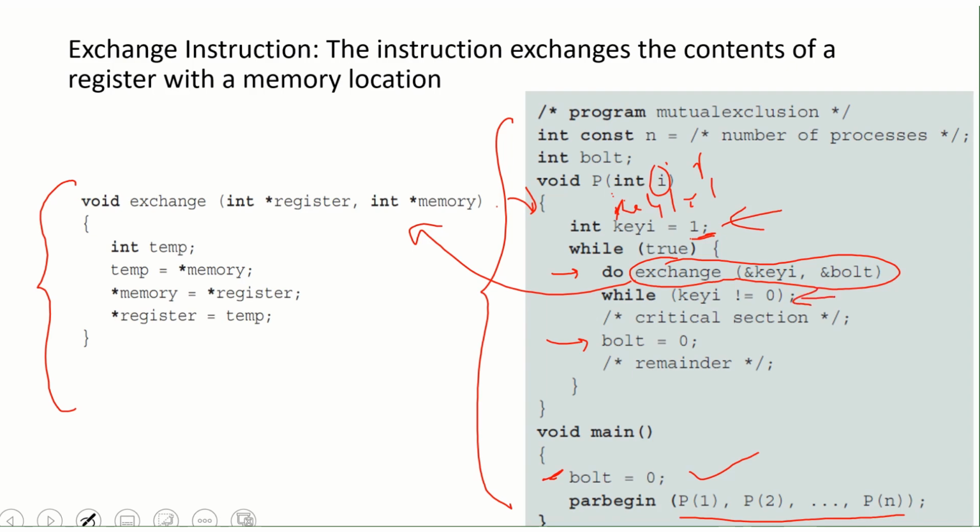While key 1 is not equal to 0. Is it true or false? It is false. So the process can enter the critical section. After executing the critical section, the process will set bolt equal to 0 so that the next process can enter the critical section, then execute the remainder part and then come out of the execution.